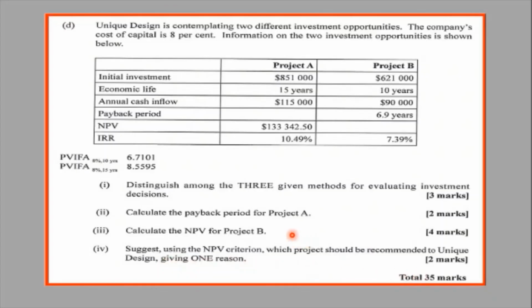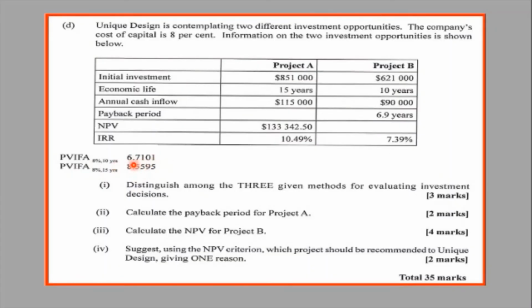Now, although it looks formidable, this is quite simple. Most of the calculations are already given to us, and we are given the present value interest factor in total, so we don't have to add them up and multiply them out at all.